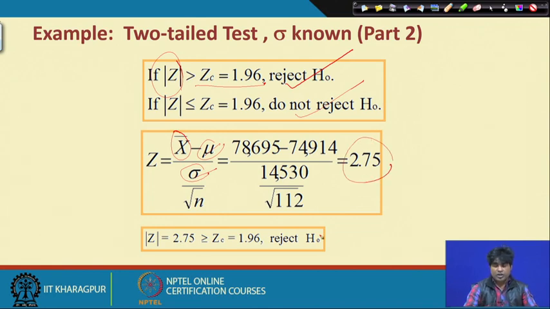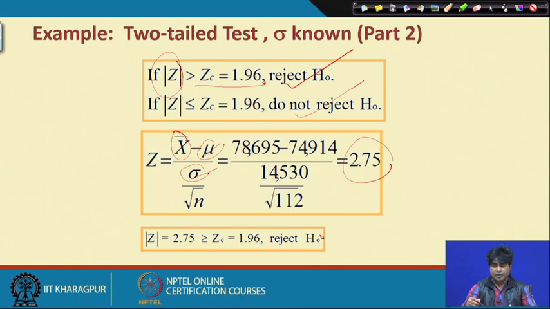Now, on the basis of alpha fixation 0.05, for a two-tailed test 0.025, we get z critical as 1.96, and the test statistic value is coming 2.75. As a result 2.75 is greater than 1.96, so it definitely comes under the rejected zone.